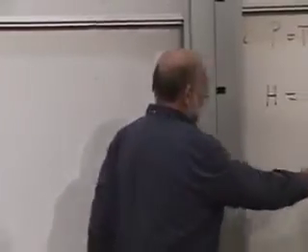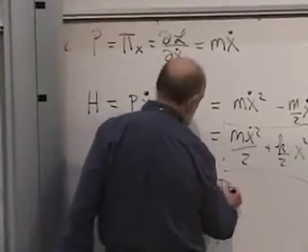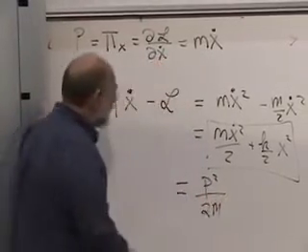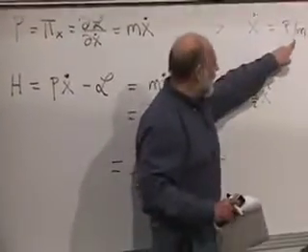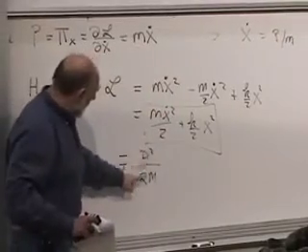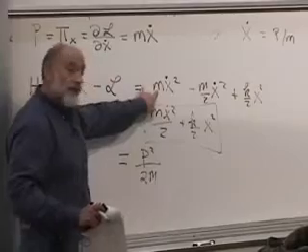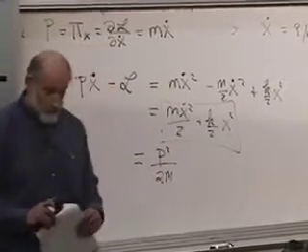Let's plug that into here. This now reads p squared over 2m. Why is it over 2m? x dot squared will be p squared over m squared. So when I write x dot squared, I will have two m's in the denominator, and one m in the numerator. It'll be p squared divided by 2m.